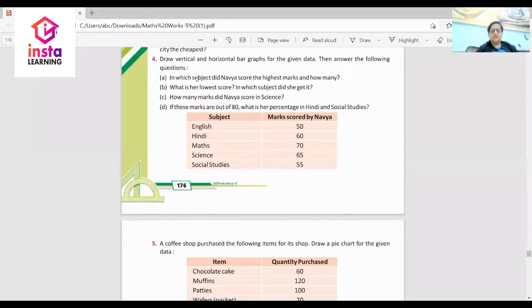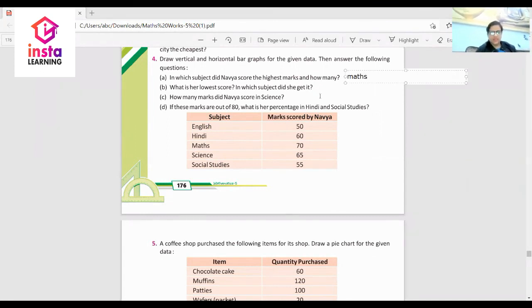In which subject did Navya score the highest marks, and how many? So, marks obtained by Navya are 50, 60, 70, 65, and 55. 70 is the highest one. So Navya has scored highest in maths. Just write down maths here.